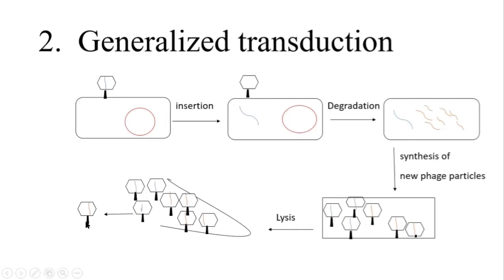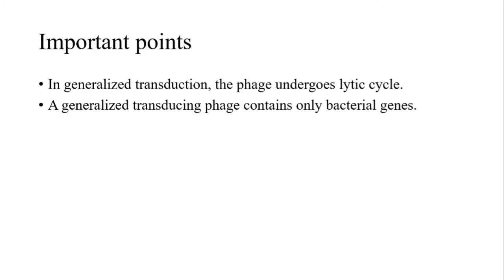In this way, the bacteriophage transfers the bacterial DNA from one cell to another cell. So the important points about generalized transduction: it involves the lytic cycle, and the bacteriophage in generalized transduction carries only bacterial genes.